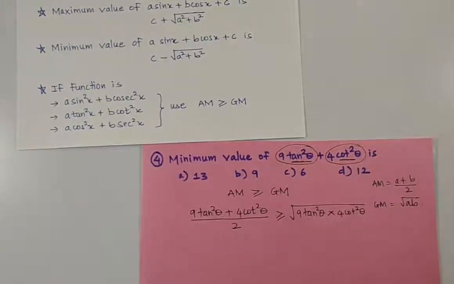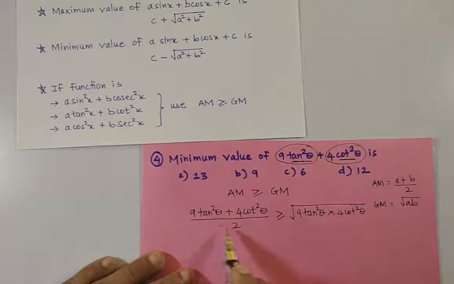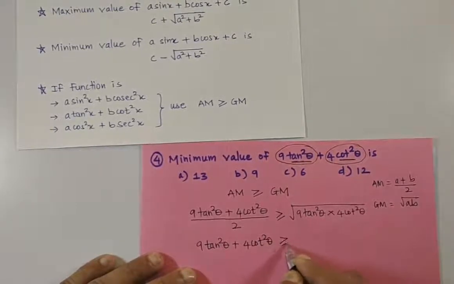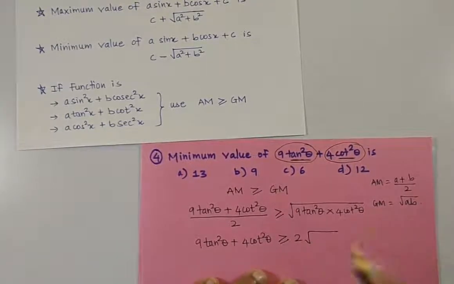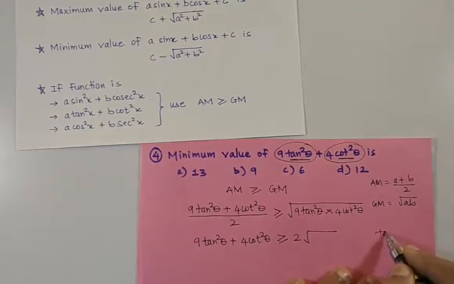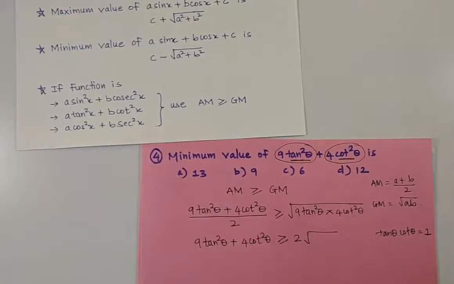So for the minimum value of this function, this 2 I will take to the RHS, so I will have 9 tan square theta plus 4 cot square theta greater than or equal to 2 into root of tan square theta into cot square theta, which is 1, because they are reciprocal, that is tan theta into cot theta is 1.